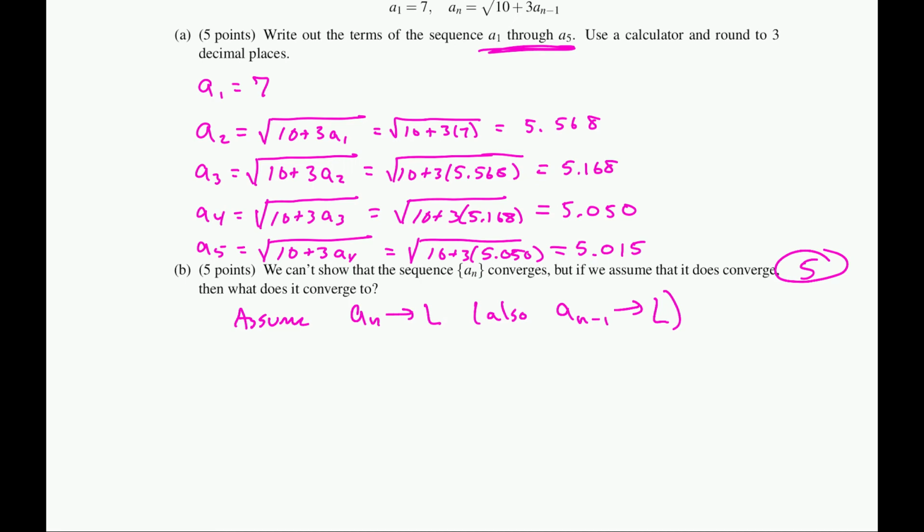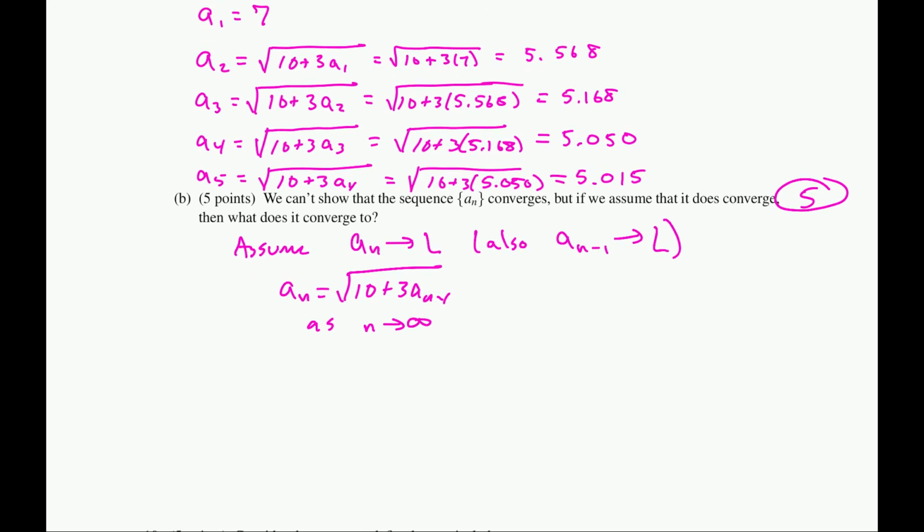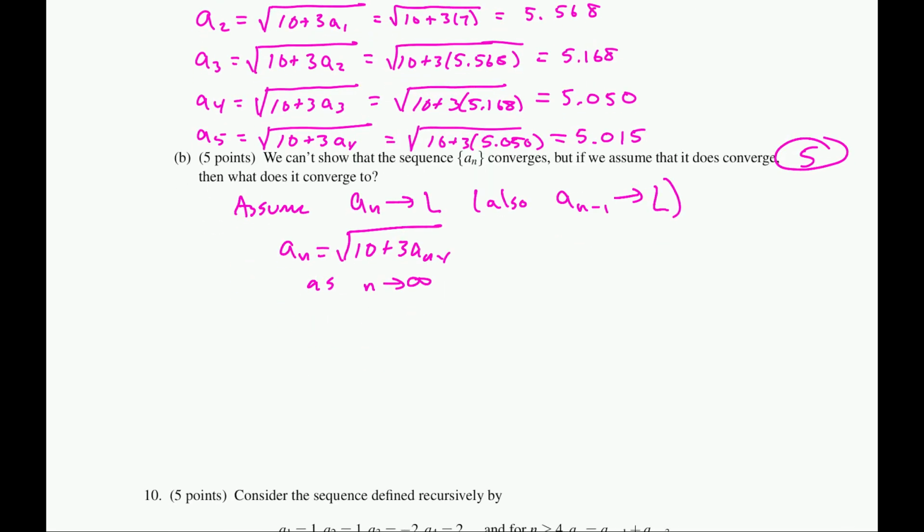If I assume that there is a limit L, then you've got this an equals square root 10 plus 3 times an minus 1. You can just say as n goes to infinity, what happens? Well, as n goes to infinity, you get to the limit.